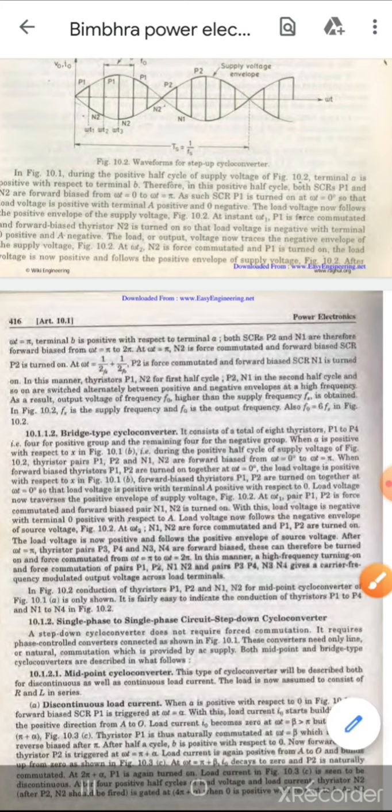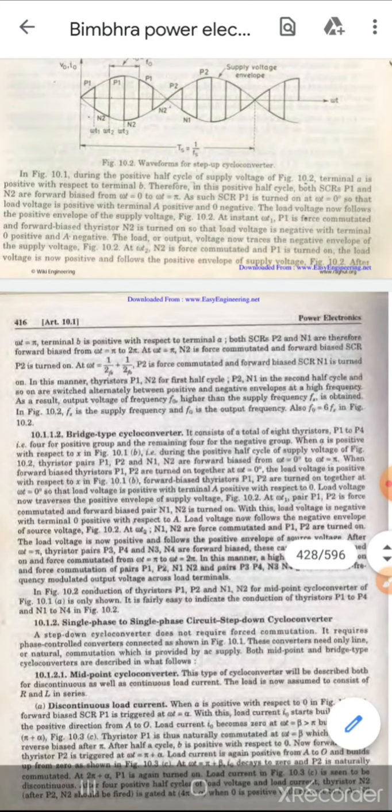So in this manner, thyristors P1 and N2 for the first half cycle and P2 and N1 in the second half cycle and so on are switched alternately between positive and negative envelope at high frequency. As a result, output voltage of frequency F0 higher than the supply frequency Fs is obtained.